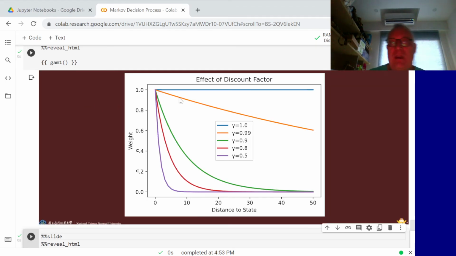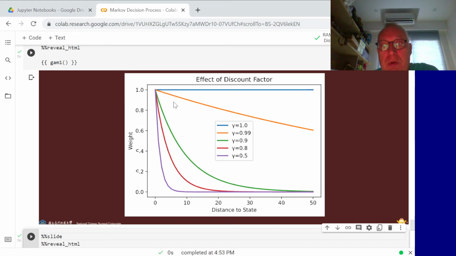So here you can see the effect of the different discount factors. If gamma is 1, then there's no discount. Every reward is equally valid. If gamma is 0.99, then it decreases like that. So after 50 steps, the reward is discounted by about 30%, right?